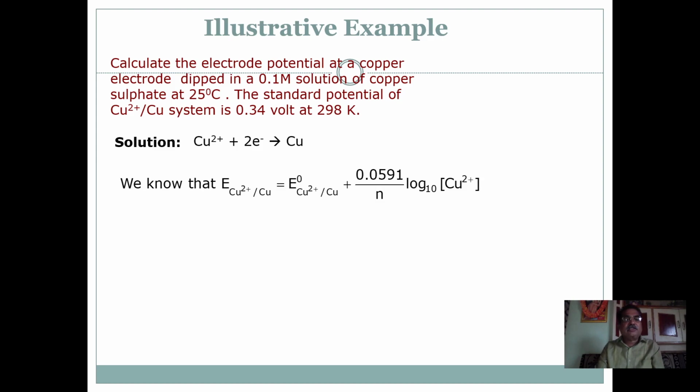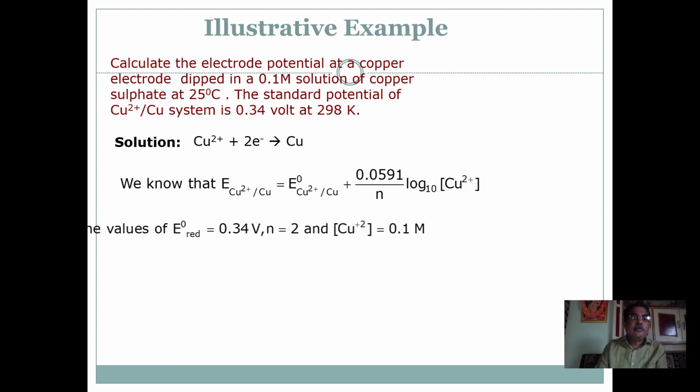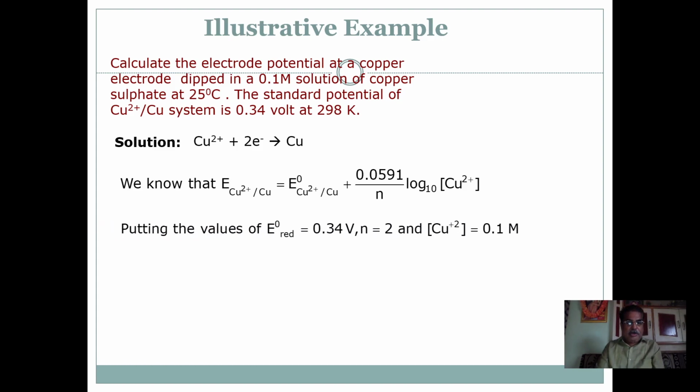Now the Nernst equation applicable for this electrode is E Cu²⁺/Cu = E0 Cu²⁺/Cu + 0.0591/n log [Cu²⁺]. But the standard reduction potential is 0.34 volt, n is equal to 2, and the Cu²⁺ ion concentration is 0.1 molar.